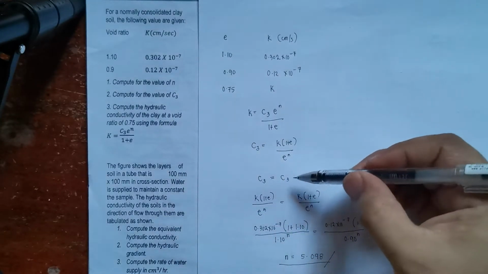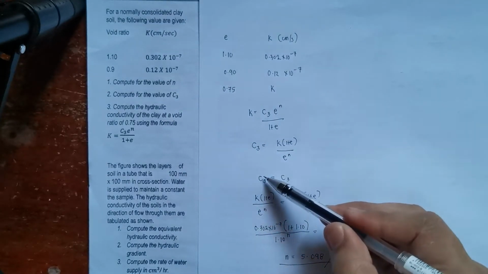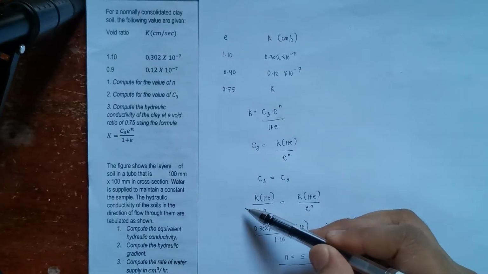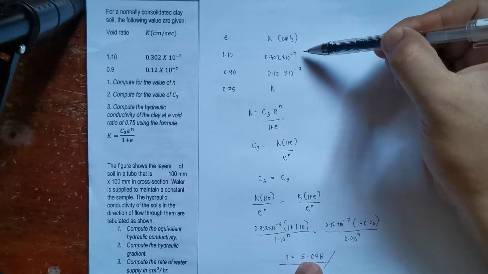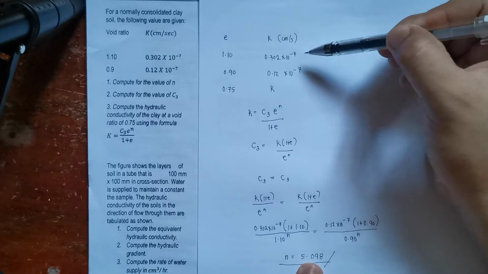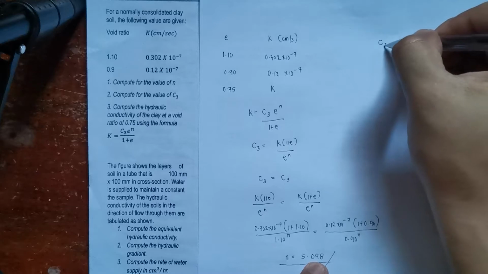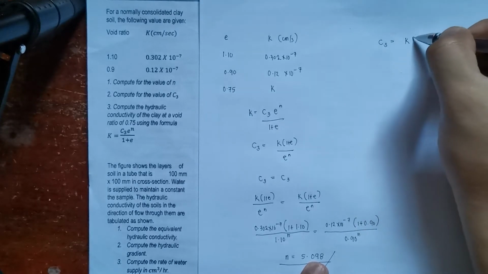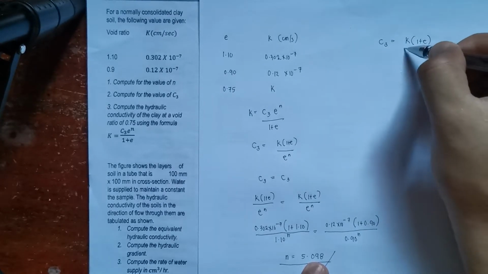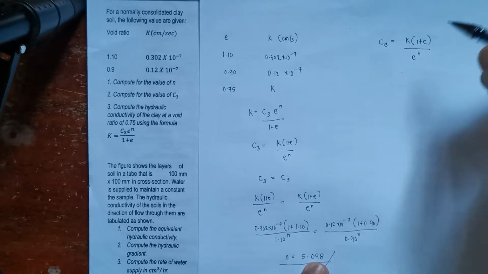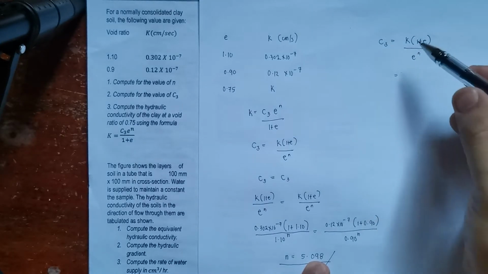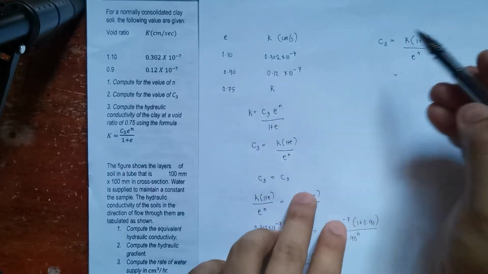Makukuha natin yung value ng C3 using this formula or using this formula. Parehas lang. Pwede natin gamitin mismo yung parameter ng first values natin or the second values. So, computing C3, that is K multiplied by 1 plus E over E raised to N. Substitute natin yung value ng unang binigay.